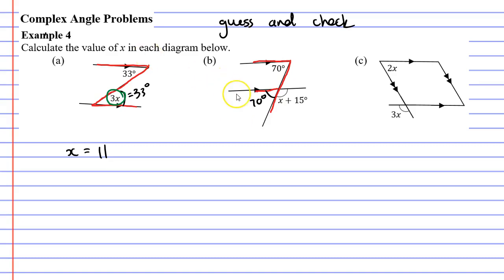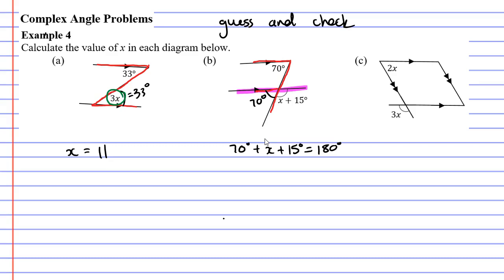The next thing I notice is I have a nice straight line here, which means my 70 and my x plus 15 must add up to 180. In fact, I'm going to write that down. If I take my 70 degree angle and add it to my x plus 15 degree angle, it should equal 180 degrees.